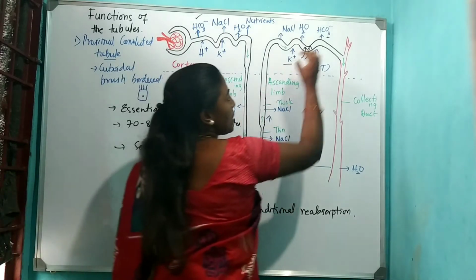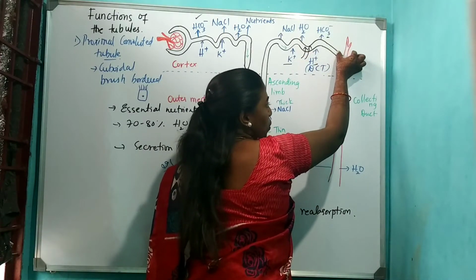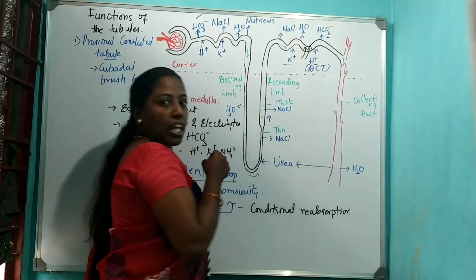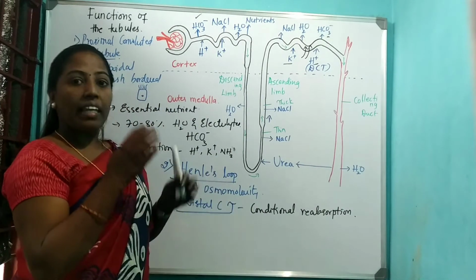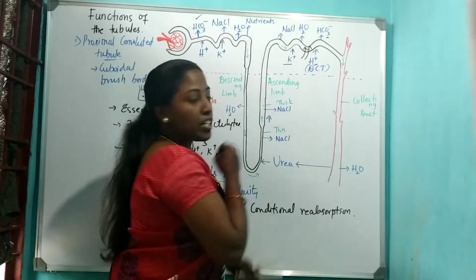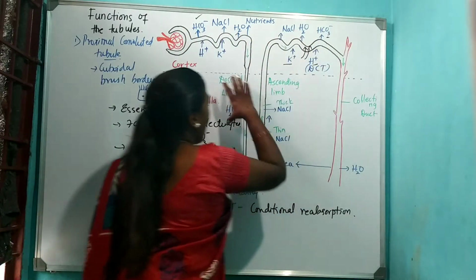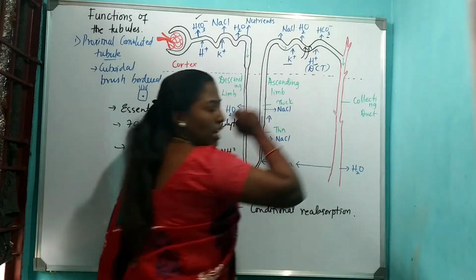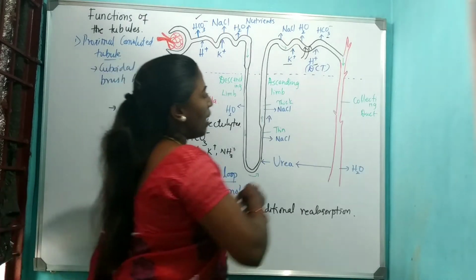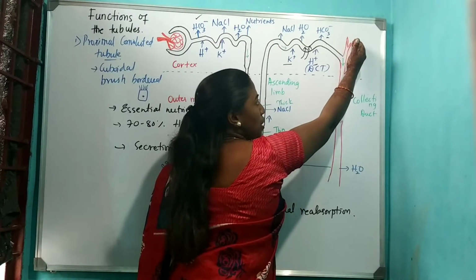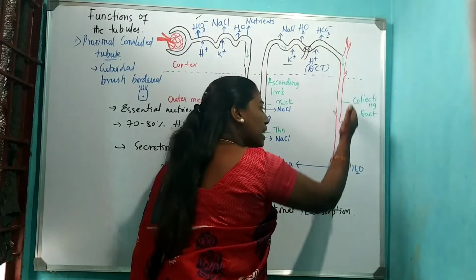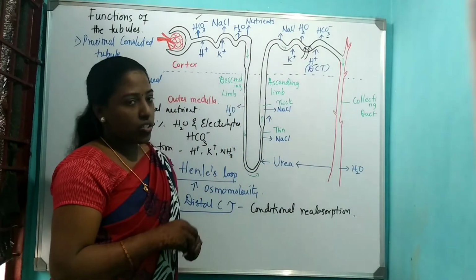Then the filtrate enters the collecting duct. The collecting duct is a large duct extending from the cortex region into the medulla region.